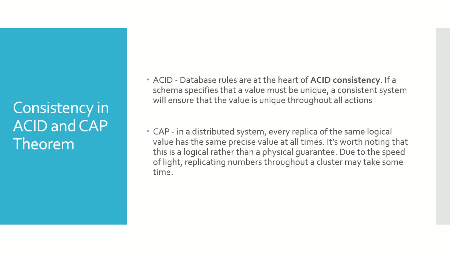In ACID, consistency means that if a table or a column has some constraints, say it is a primary key, or the value should not be negative, or the value should always be a positive number greater than or equal to zero, then these constraints on a column or a table do not change after we write into the database. Consistency in ACID ensures that.